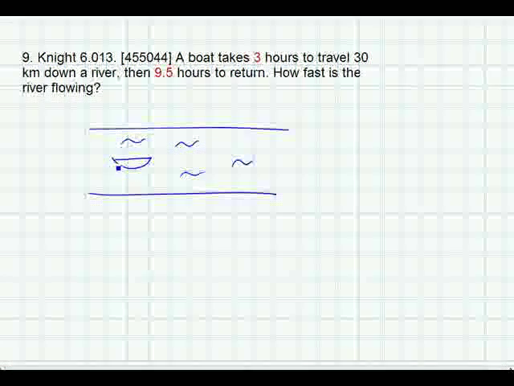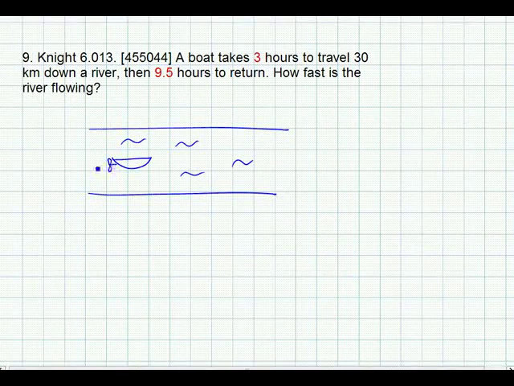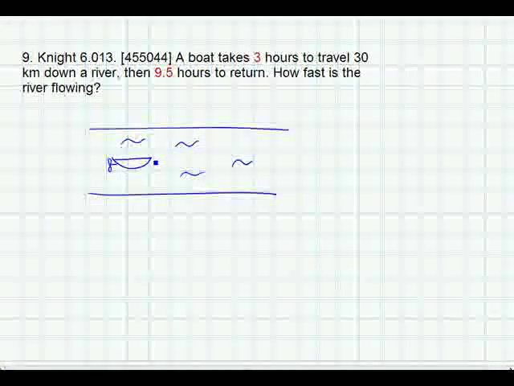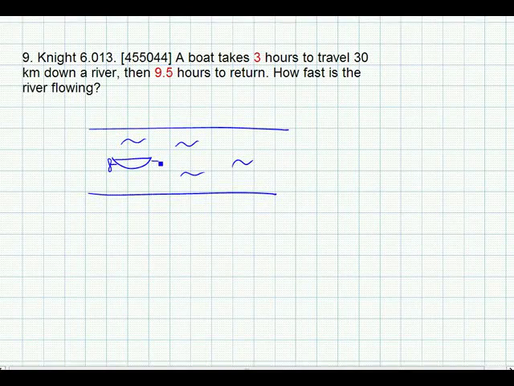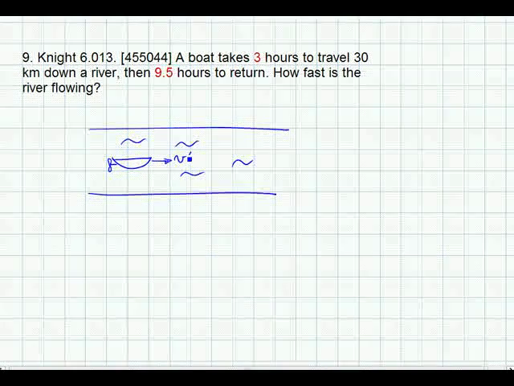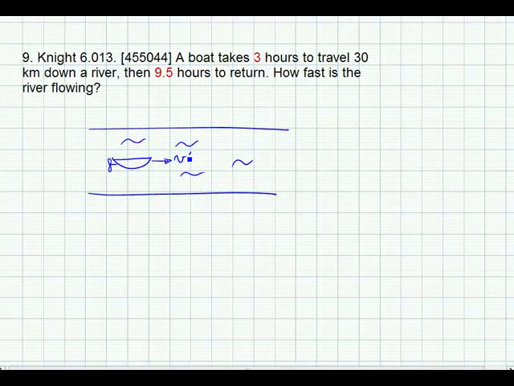The boat, we assume, has a motor that propels the boat forward in the river with some velocity v prime. This is with respect to the water.